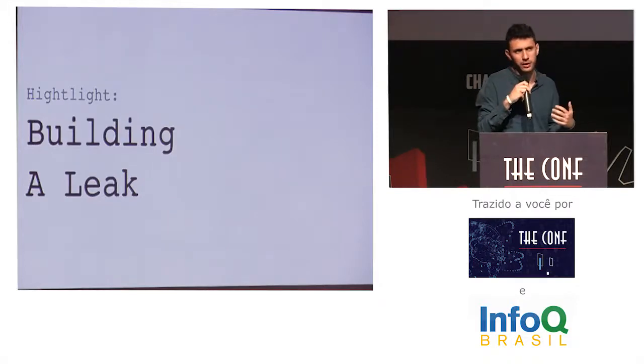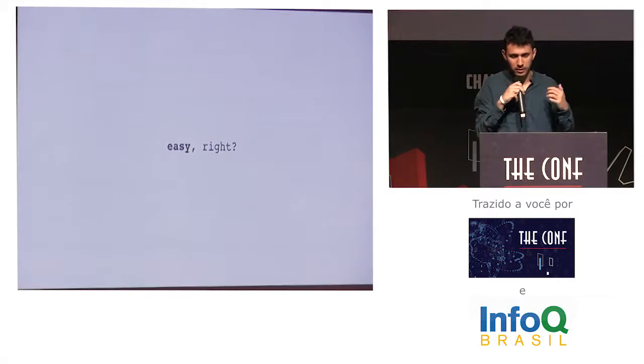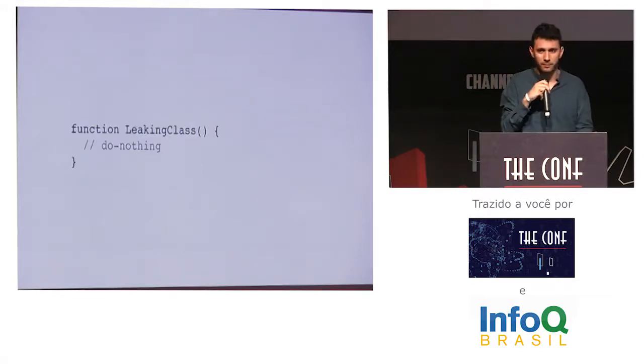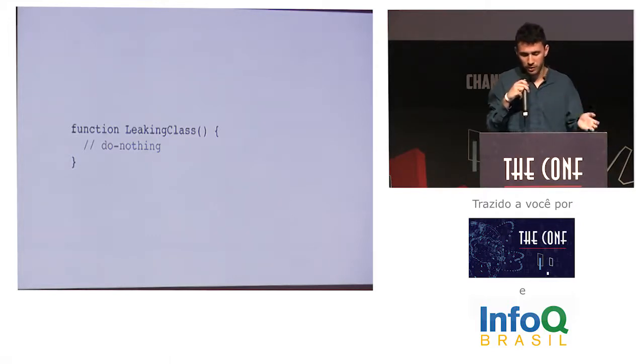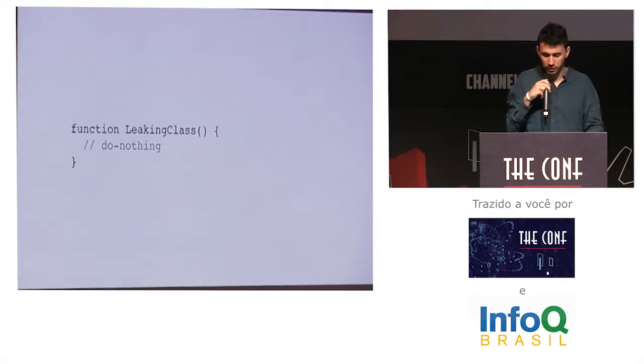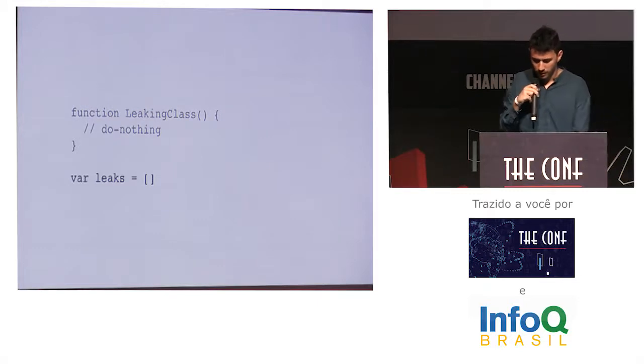So let's build a leak for ourselves. It's easy, right? It's a very, very simple job. In JavaScript, it's very simple. You have here a function named leak class, which we use as a constructor, and it does nothing.